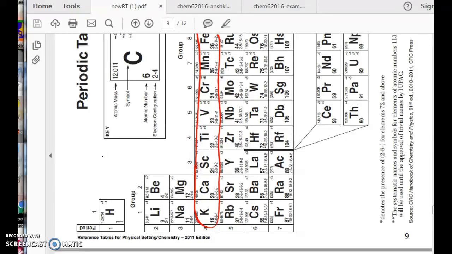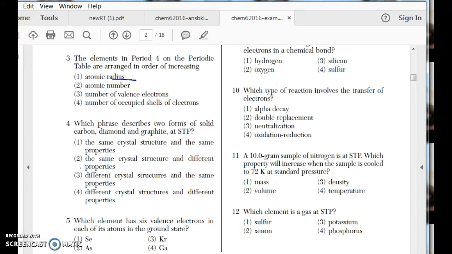You might think, oh, it's in terms of valence electrons, because I have 1 valence electron, 2 valence electrons. If you continue over this way, you'll see it goes 3, 4, 5, 6, 7, 8. You might think it's an order of increasing valence electrons, but remember, it's all about the atomic numbers. Atomic numbers are the organizational principle of this table. So that's choice 2, atomic number.